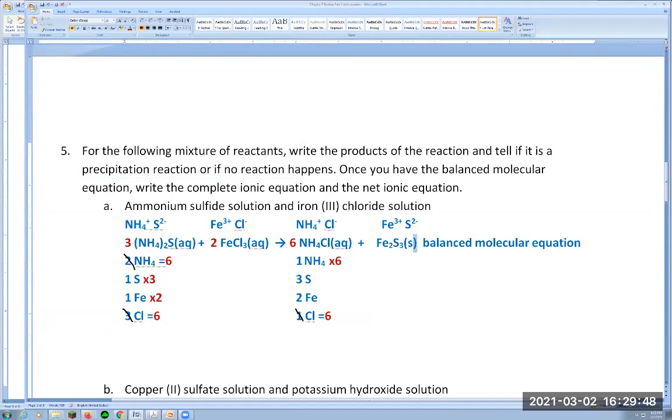Well, yes, because we have this solid here, right? So yes, this is a precipitation reaction because we have a solid in the product. And that's Fe2S3.